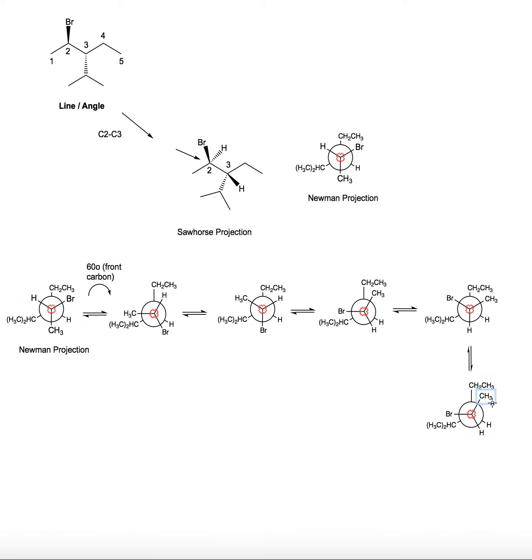In this staggered conformation, we have the bromine here. So once again, 60 degrees from this staggered is going to take us to eclipsed. So bromine is coming here, methyl is going to be eclipsed to the hydrogen, and the hydrogen will be eclipsed here.